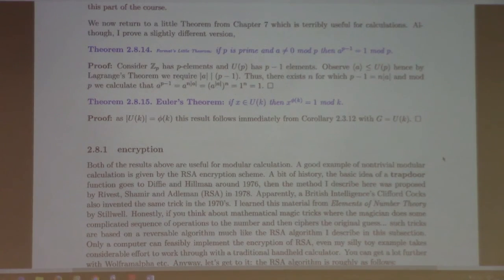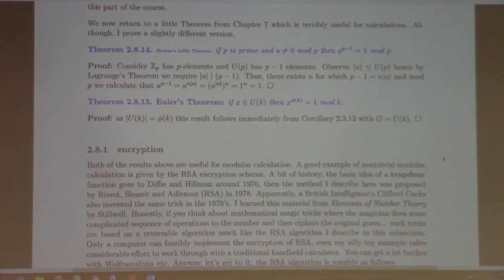So that means that the order of a has to divide the order of Up. And the order of Up is p minus 1, so the order of a has to divide p minus 1, which means that p minus 1 is a multiple n of the order of a. But then, of course, a to the p minus 1 is a to the n times the order of a, but that's 1. So this is Fermat's Little Theorem.